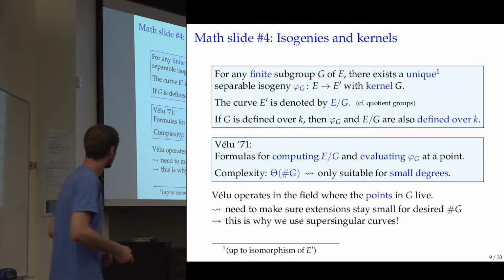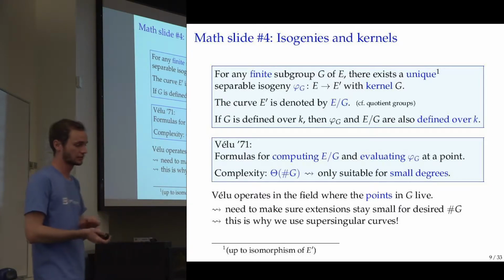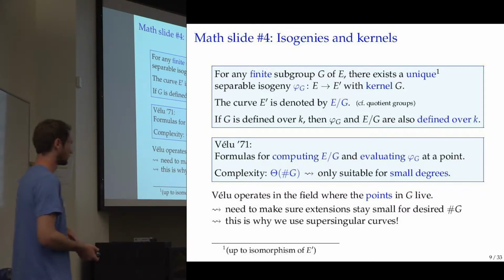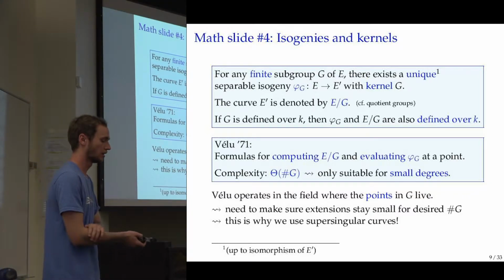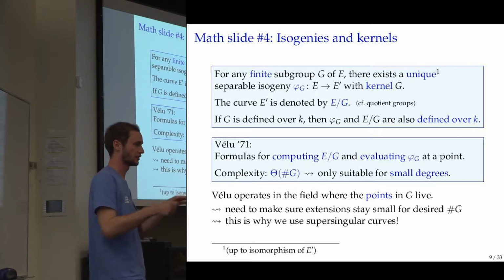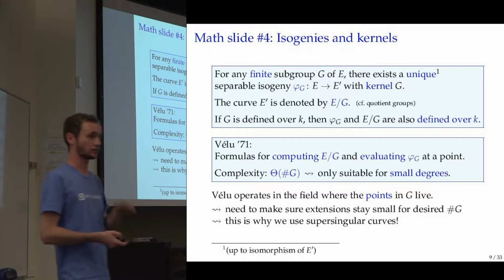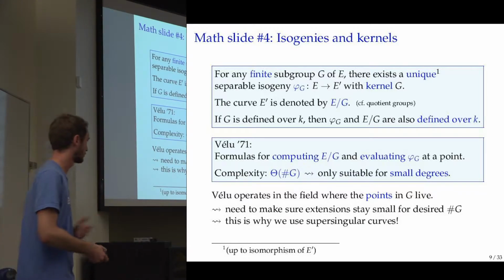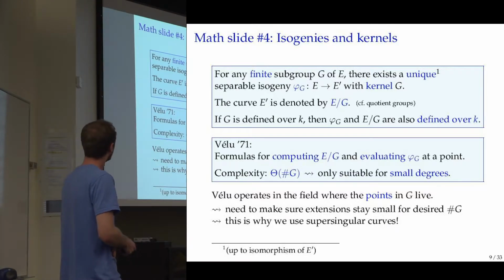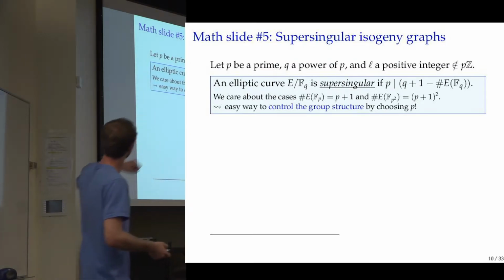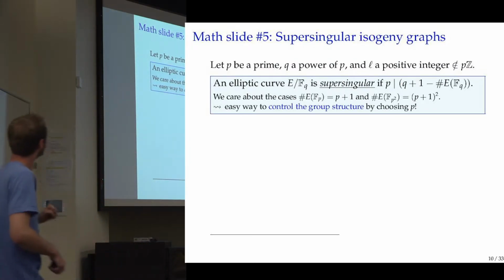Right, I haven't actually mentioned this, but I should have. All of the efficient existing isogeny-based crypto proposals use supersingular curves because that makes it very easy to control the group structure, and then you can make sure that these subgroups that we want to use are defined over small extensions, so it's all nice and efficient. Yeah, I also just said this. I'm somehow a bit ahead of my slides.